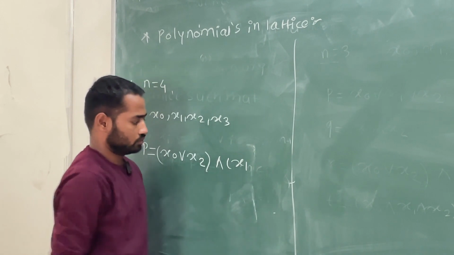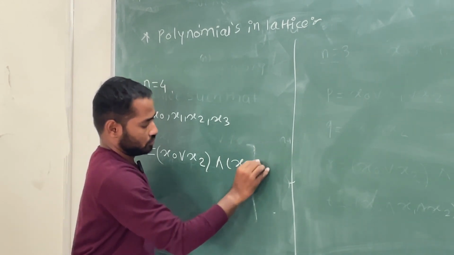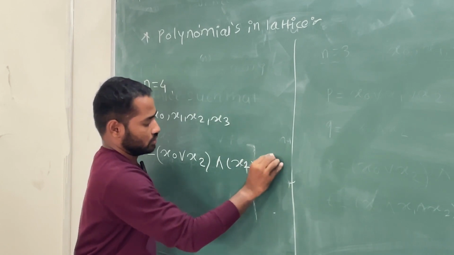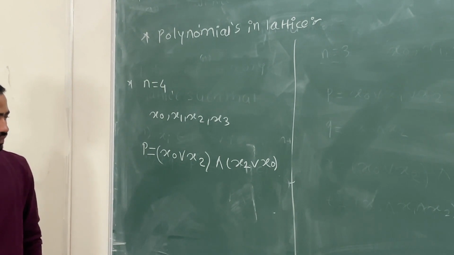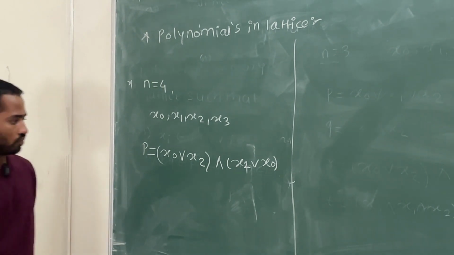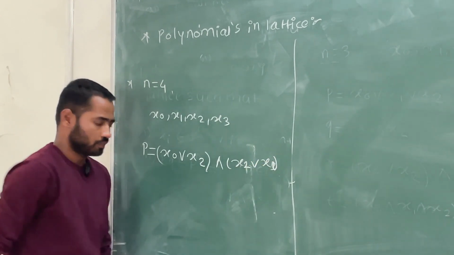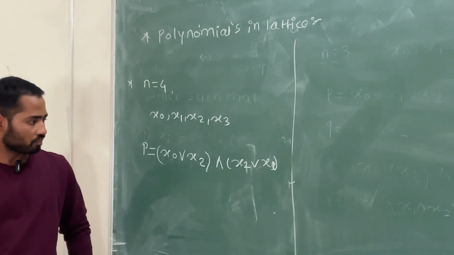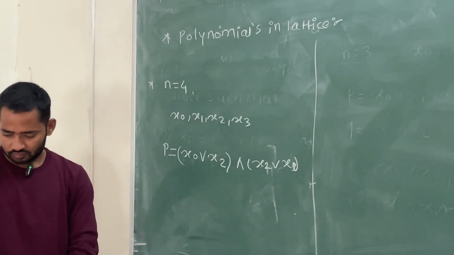You can write x2 different, instead of x0 you write x1 there. Last one, x1. So they can repeat also. It is not like the variable should come only one time. It is not necessary. Is that clear?